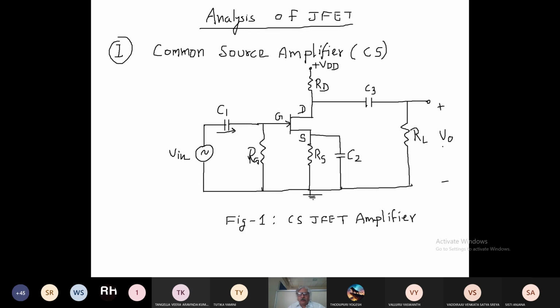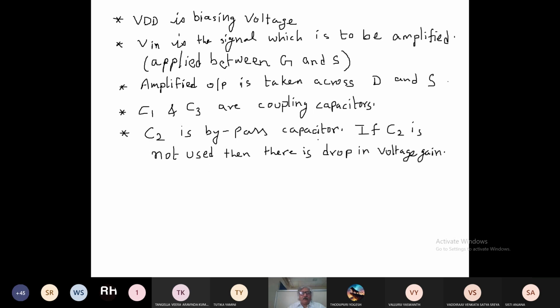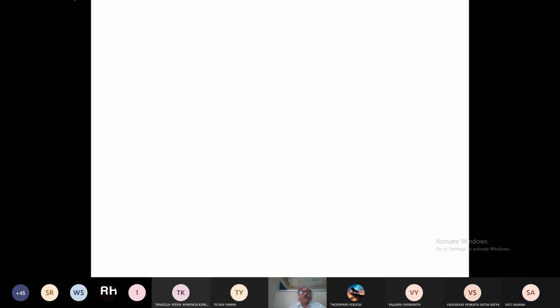Okay. So now this is the diagram of the common source amplifier, right? Now we will draw the AC equivalent, because we are doing the AC analysis right now, right? Okay, next page I will do.